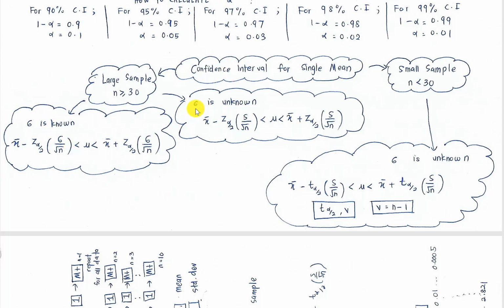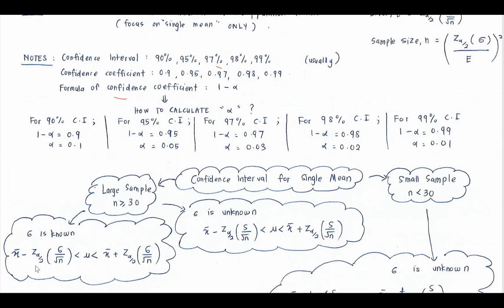When the standard deviation of the population is unknown, but you are given the standard deviation of the sample, then you use this formula.